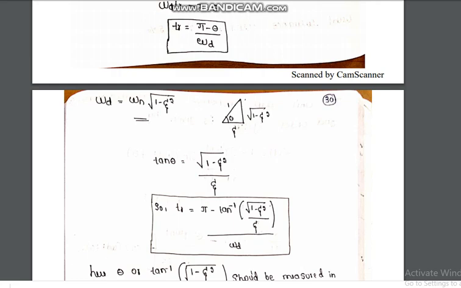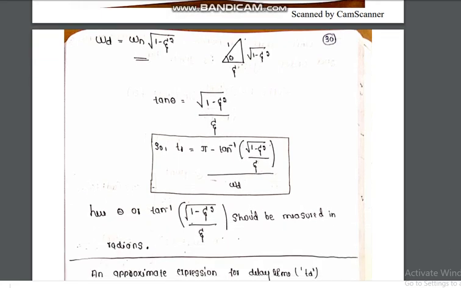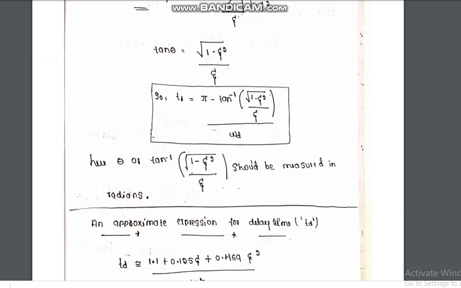From this triangle I can write tan theta is equal to square root of 1 minus zeta square divided by zeta. If I substitute this theta in the above equation, I get TR is equal to pi minus tan inverse of square root of 1 minus zeta square divided by zeta, whole divided by omega d. So this is the expression for rise time.